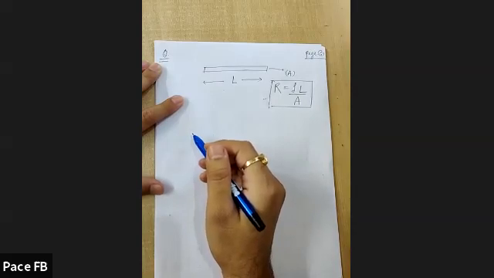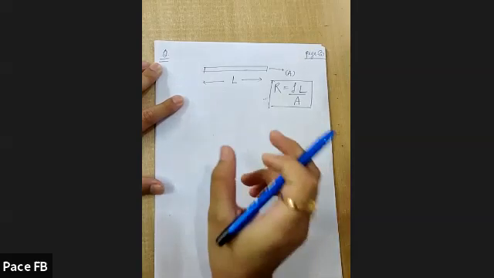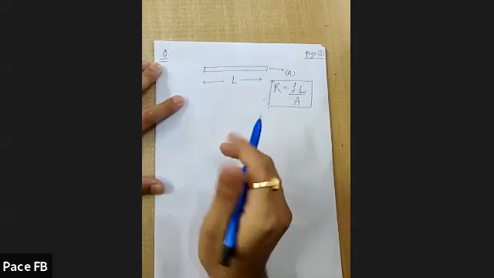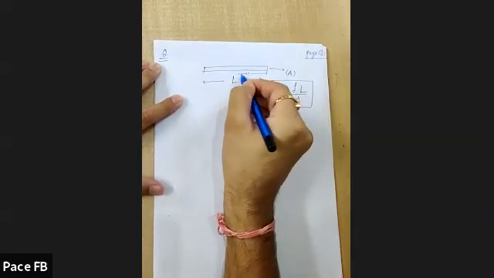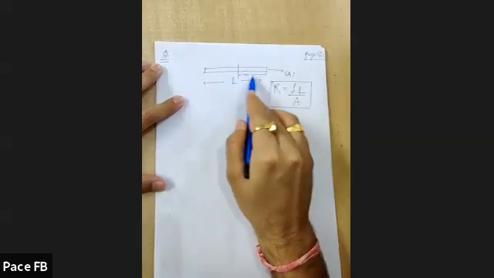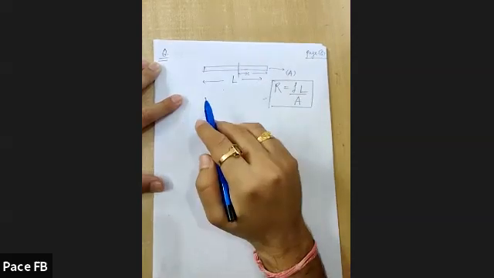No, area will not remain constant. The part which you are stretching, let's say you are stretching X part, the area of cross section will change for this X part, because if you are stretching this X, then area of cross section will decrease.